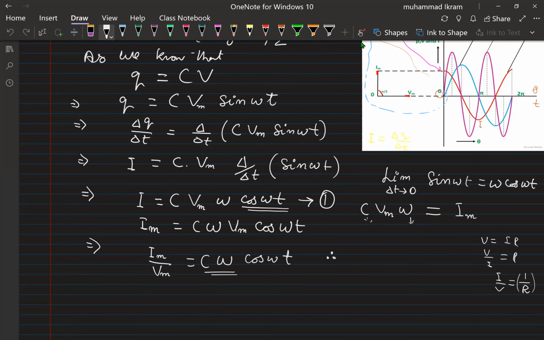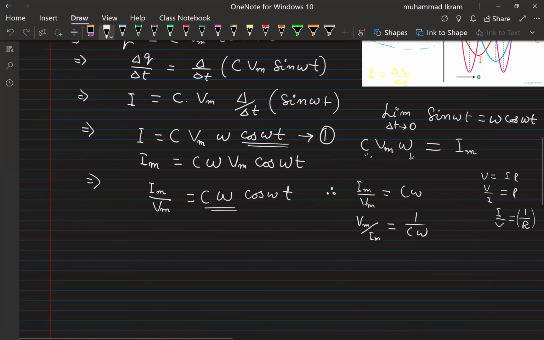So for this Im equals Vm C omega, I will be writing Vm equals Im into 1 over C omega. This is called the capacitive reactance Xc, and this capacitive reactance is equal to 1 over omega C.